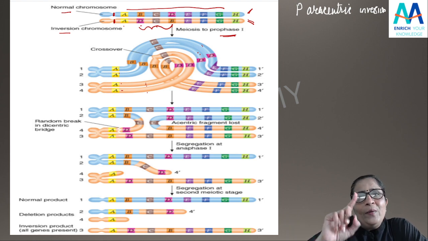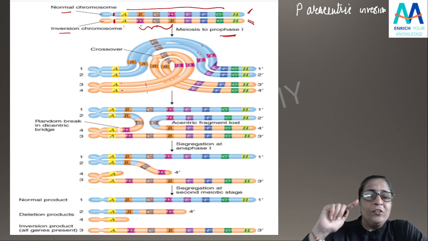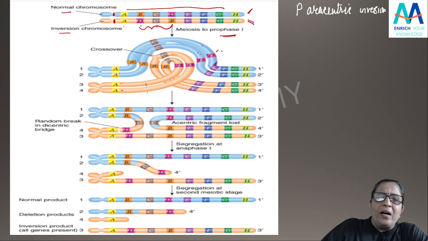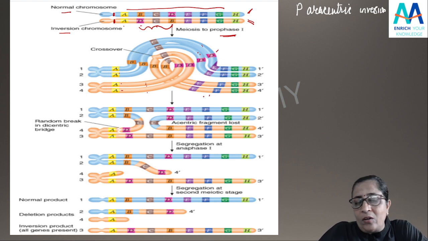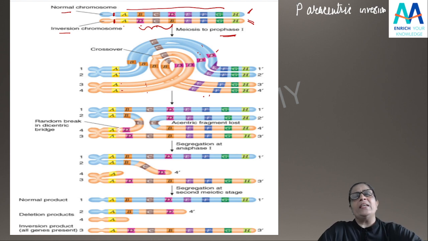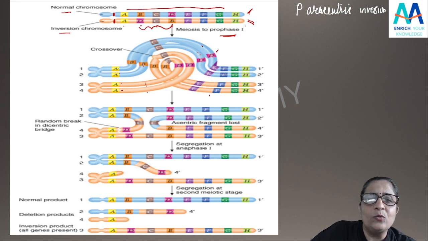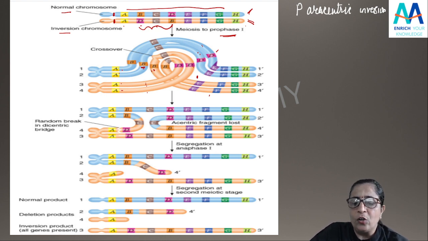So the crossing over will take place between the 2 which are in the center. The outer ones will not be involved in crossing over. When crossing over happens where one is normal and one has an inversion, what will happen, students? If I want to connect this with this, in a normal case if this is straight, this would be here. So that's why the loop is going to be formed, so that proper crossing over can be done. During the crossover, a loop is formed.